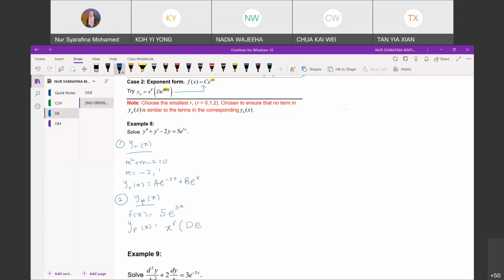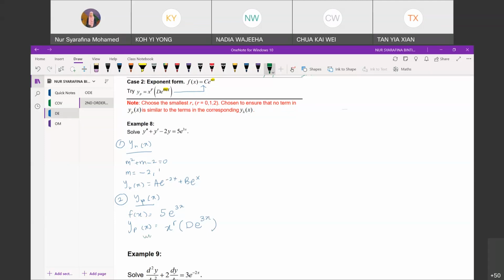What is m here? It is 3x. So the general form of YP must follow the degree of the exponent in your right-hand side function. Now from here you test when r equals 0.